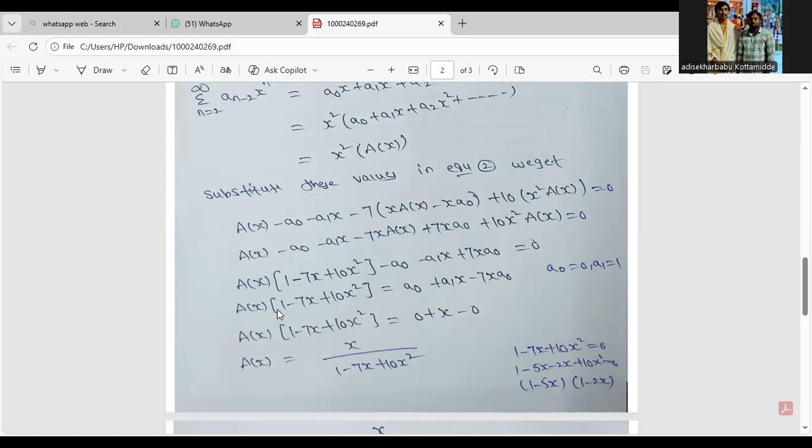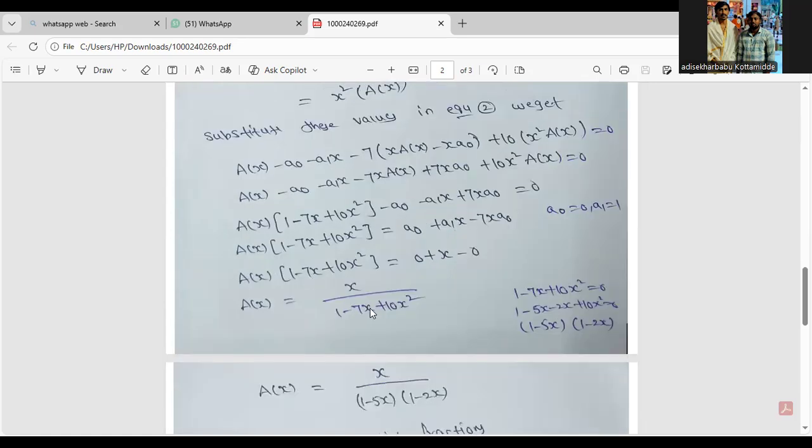So A of x into 1 minus 7x plus 10x squared equal to a naught plus a1 x minus 7x a naught. Here in the question a naught equal to 0 and a1 equal to 1. Substitute the a naught and a1 values: A of x into 1 minus 7x plus 10x squared equal to 0 plus x minus 0, that is only x. A of x equals x divided by 1 minus 7x plus 10x squared: the multiplier moves from the LHS to the RHS, where multiply becomes divide.